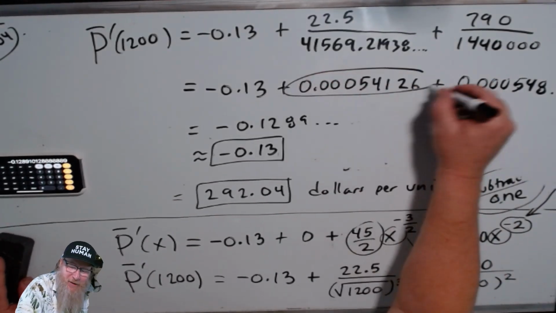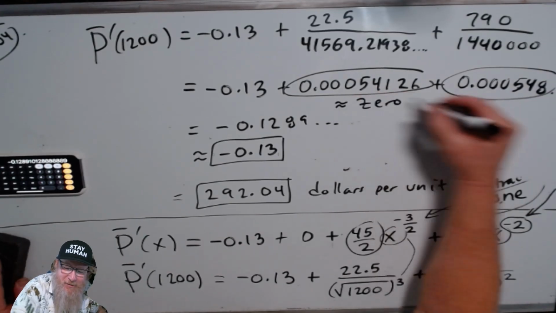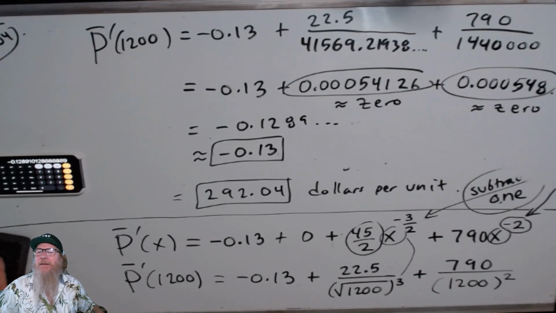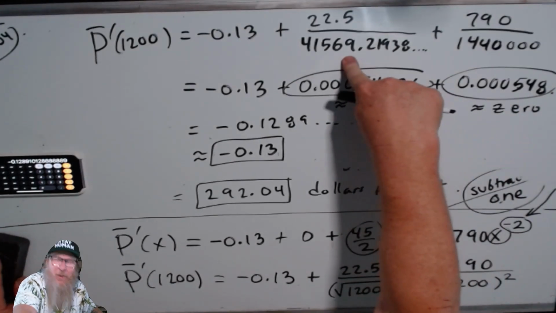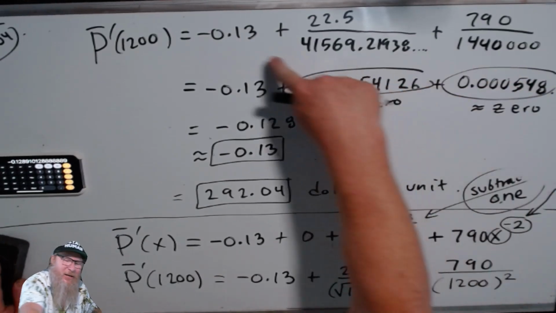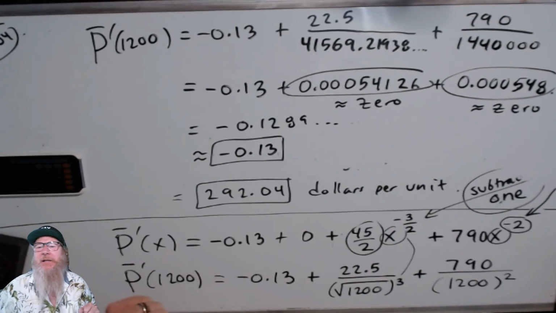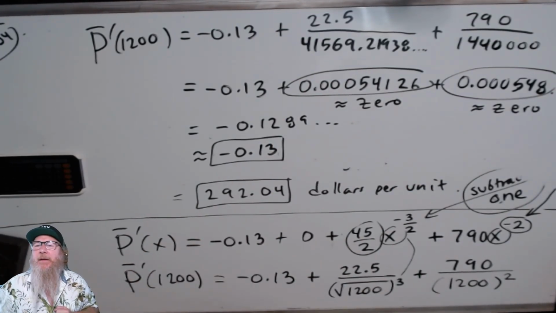Notice that this is very close to zero. This is very close to zero. So had I noticed that sooner in the problem, I could have said, well, that's going to zero. That's going to zero. So the 13 cents is going to dominate. If you notice that when you're doing the problem, maybe you can save yourself some of this calculation.